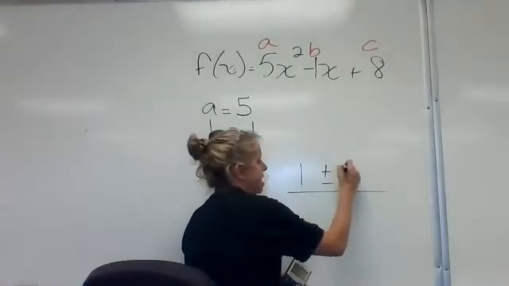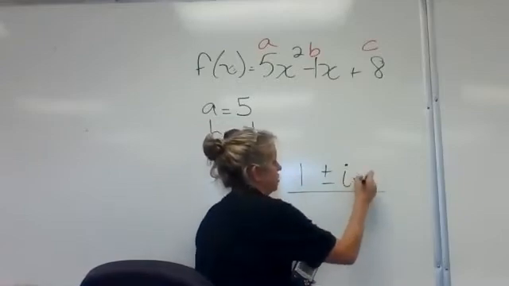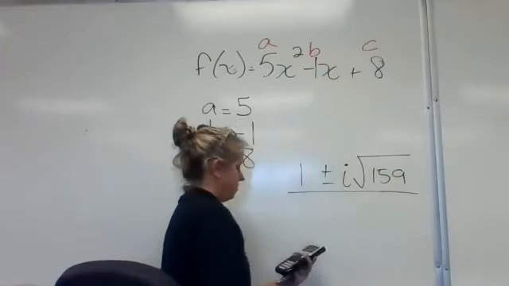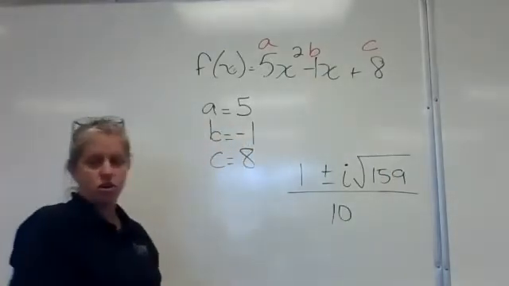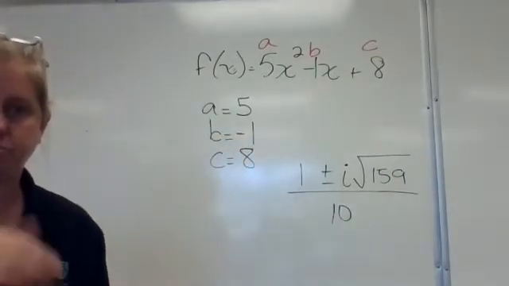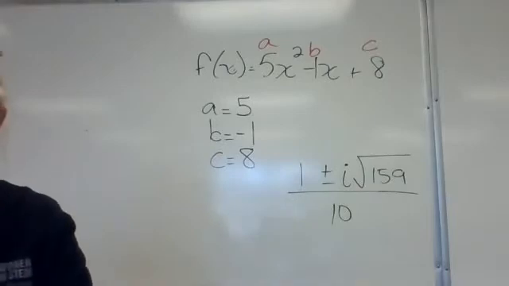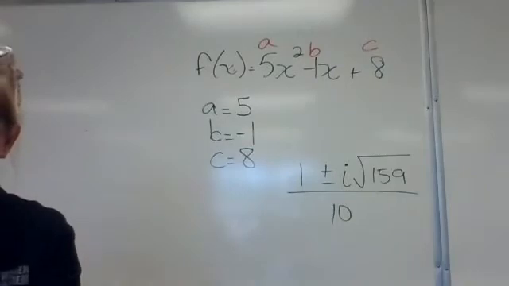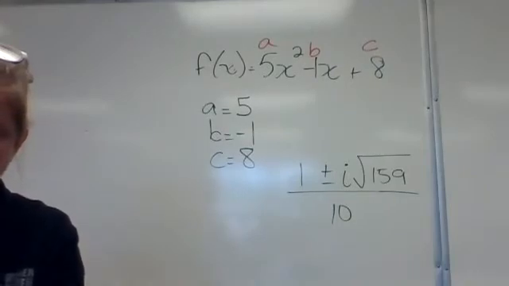And then just hit your I. You can use the I from the keyboard, or I think there's one down there in the toolbox. Square root of 159 over 10. Right? Number 7.